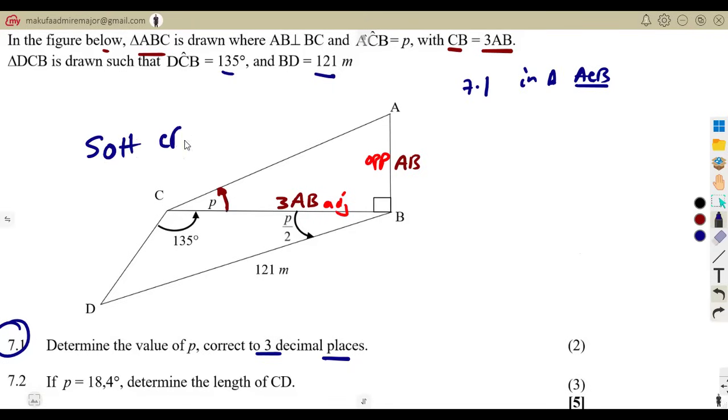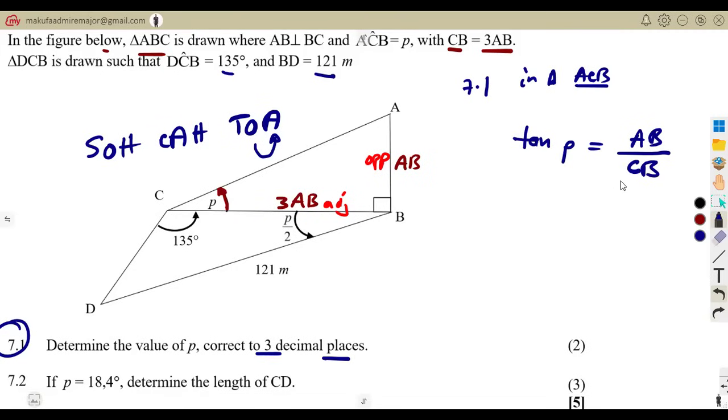SOHCAHTOA. Which ratio is it where opposite and adjacent are used at the same time? That's a tan. So tan of the angle, which is tan P, is equal to the opposite, AB, over CB.